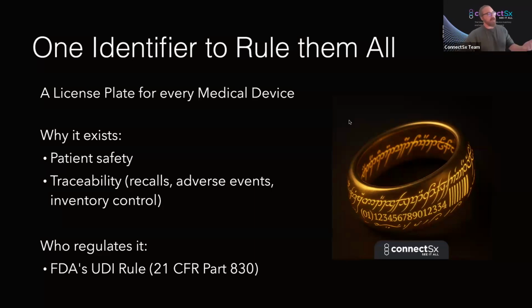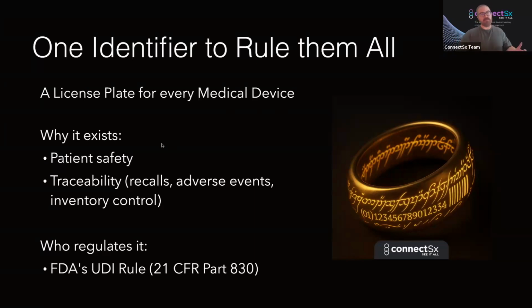So that was more the norm, and that's what UDI is here to address. You can think of UDI kind of like a license plate for every medical device. We need a UDI for each item so that we can track it from its point of origin to its point of use. And there's a whole lot of reasons for that, including running an efficient supply chain, but more importantly, patient safety. And so if there's a recall, if there's an issue with the device, any number of things, now we can actually trace it to the cases it was used in, and then the patients who are affected.